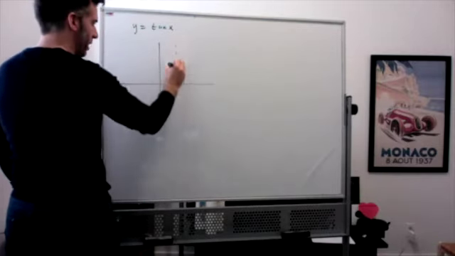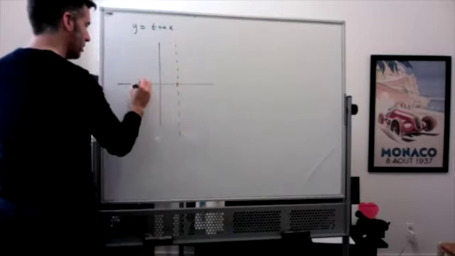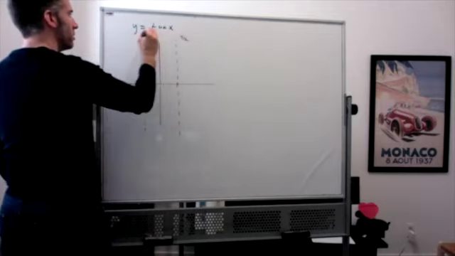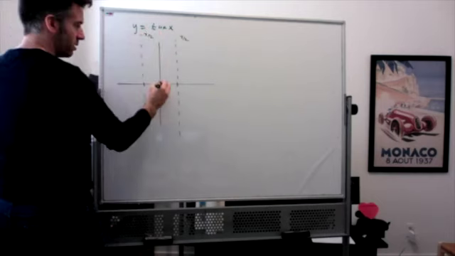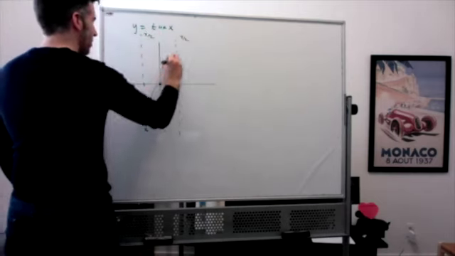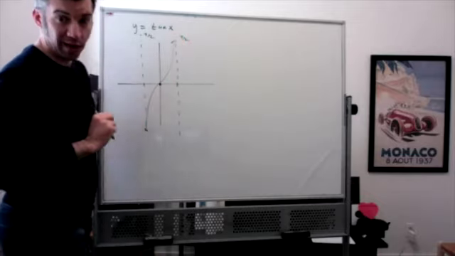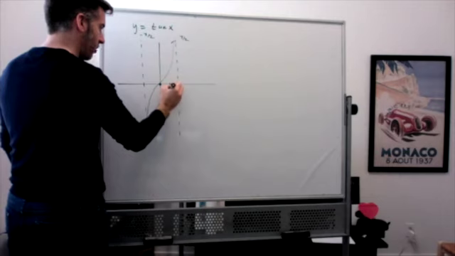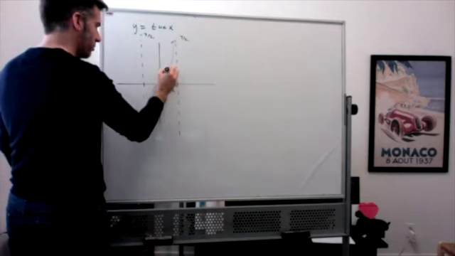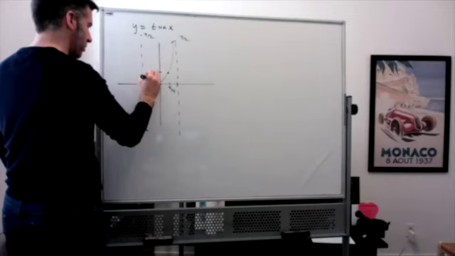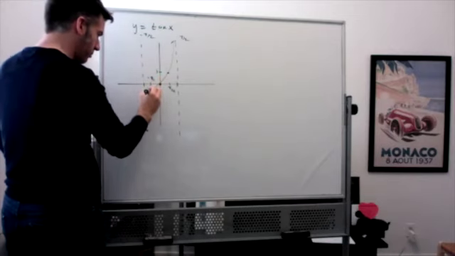The vertical asymptotes are at pi over 2 and negative pi over 2. And it hits right there, and it does this. If I was graphing more points, the other points I would graph would be at pi over 4, comma 1, and negative pi over 4, comma negative 1.